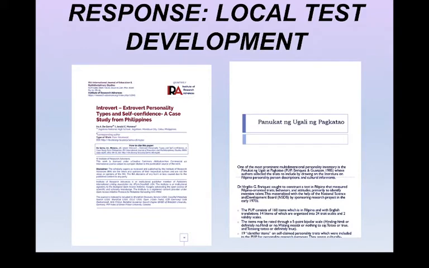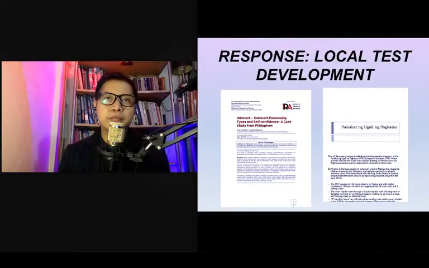Gumagawa rin tayo ng mga iba't ibang mga personality test na may kinalaman sa introversion and extroversion but in the Philippine edition. Kasi they're saying na ang introversion and extroversion might be expressed differently sa Filipino culture. Kasi yung mga words na yan, introvert and extrovert, when you read things about introversion and extroversion, usually talaga, ang idea is foreign, American.